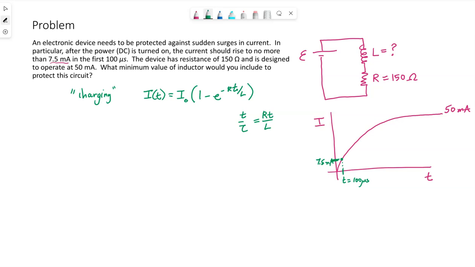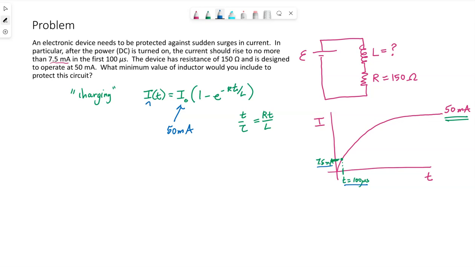So we need to know what to plug where. Well, the system is designed to operate at 50 milliamps. That's the biggest this current is going to get to and eventually stay constant at. So that is our I naught. We're trying to find the value of the inductor, L. They've given us the information that the shortest amount of time it should take to reach 7.5 milliamps is 100 microseconds.